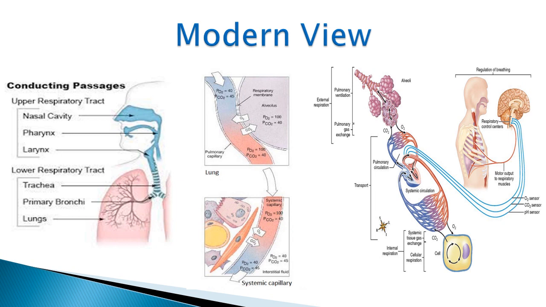Upper respiratory tract structures are the nasal cavity, pharynx, larynx, and lower respiratory tract structures start from the trachea, bronchi, bronchiole, respiratory bronchiole, alveoli, lungs, and so on. These are the anatomical structures related to respiration conduction.